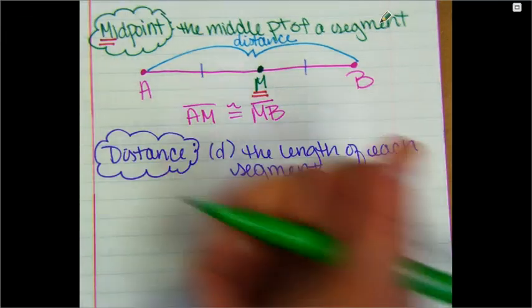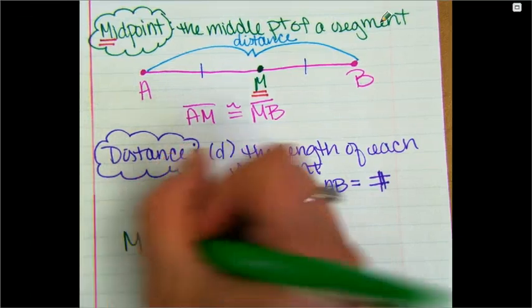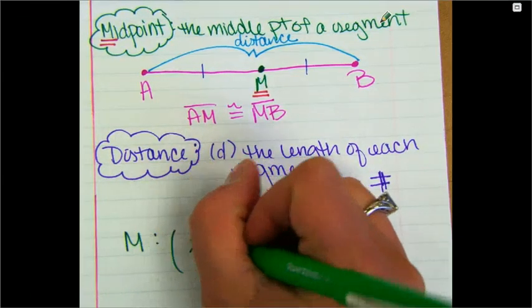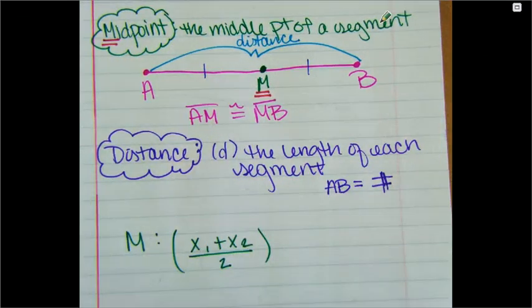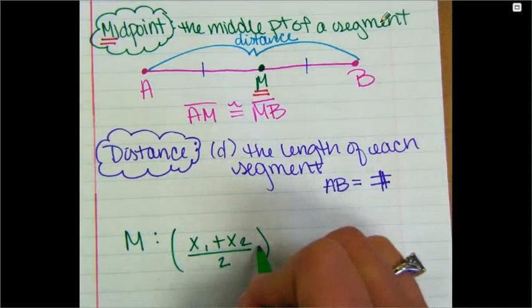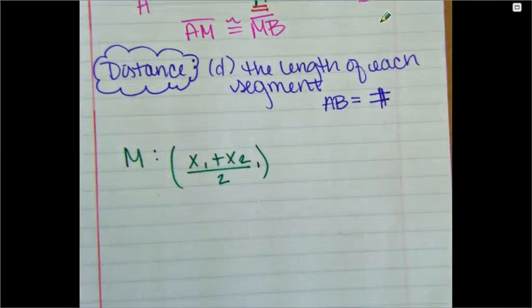I'm going to write midpoint, capital M, is x1 plus x2 over 2. Oops, comma. I always do that. It should be a comma. I always want to close parentheses.